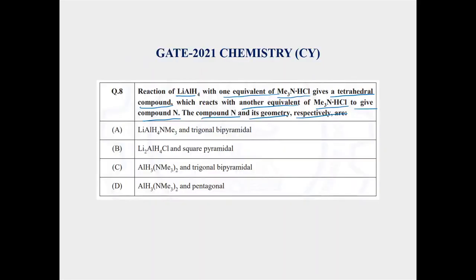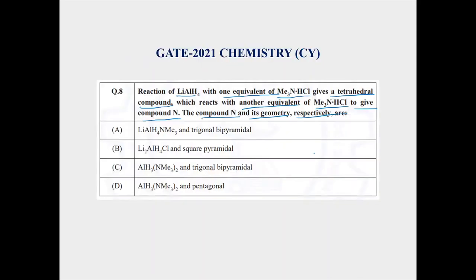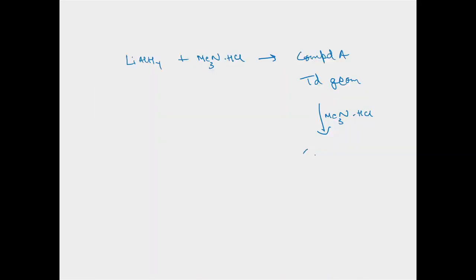It gives a tetrahedral compound. Then to this compound A, we are adding another equivalent of NMe3·HCl. So this is giving compound N, and we have to write the geometry for this complex.